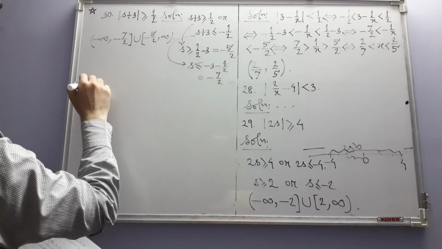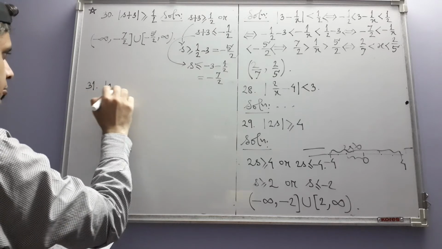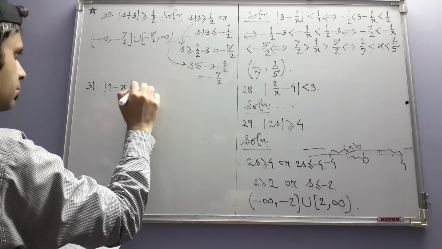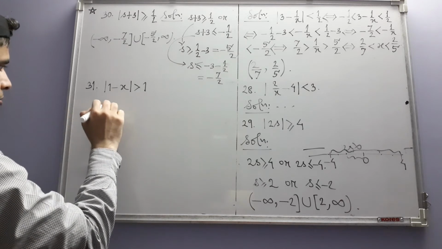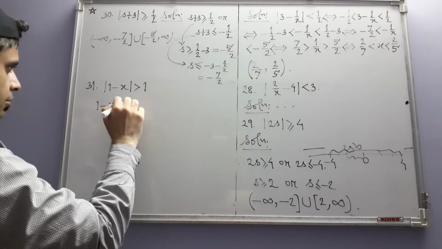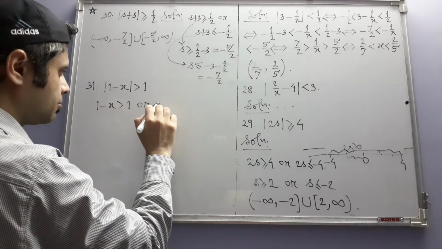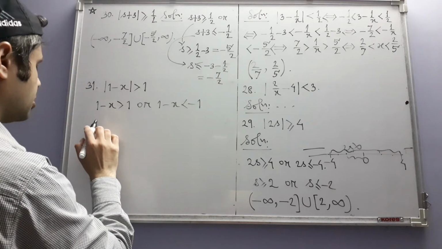Then 31. Okay, for this one we will get 1 minus x is either greater than 1 or 1 minus x is less than minus 1.